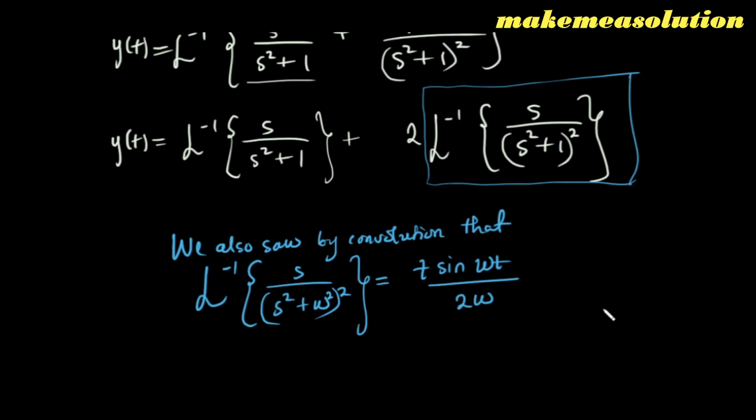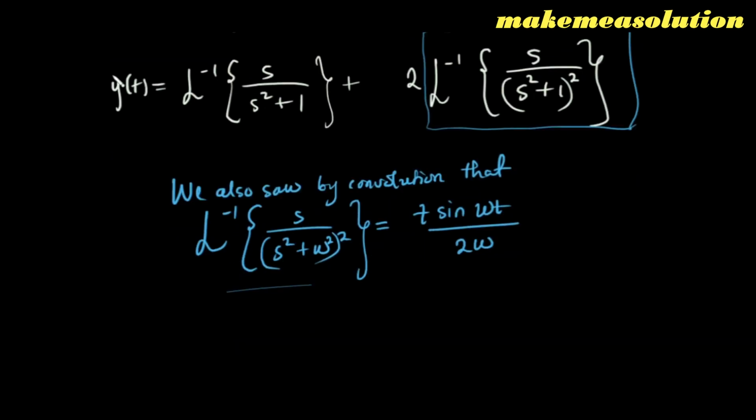We were able to prove this in the last video, and if you're interested in knowing how we got this, you can check out the last video. The reason why we are using convolution here is because in exam scenarios, trust me, if you want to evaluate this, it's going to take a lot of time. So you need to memorize this expression so that it can be handy for you.